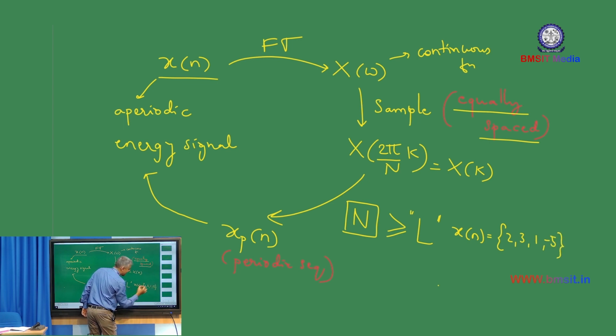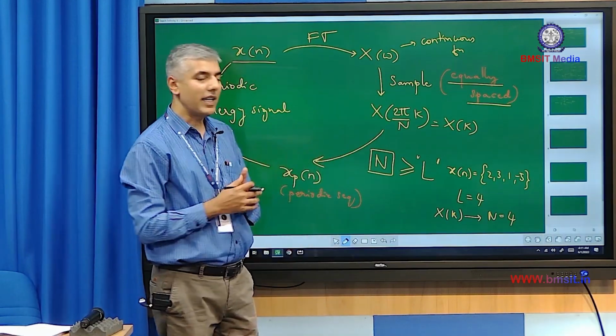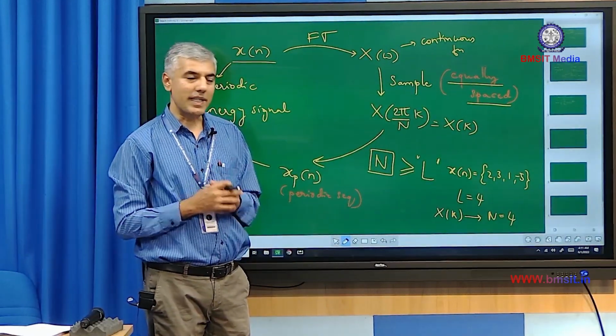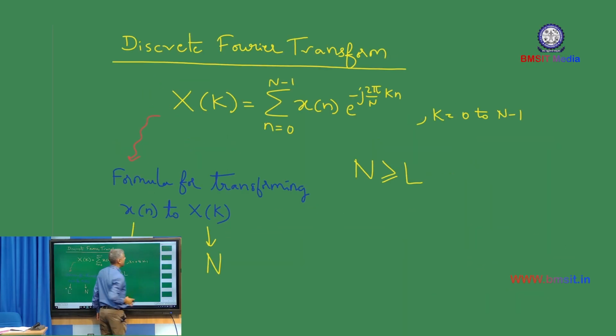Then the length of the signal is 4. Therefore, the frequency domain representation X of k should have at least a length of N equal to 4. If the length is at least 4, then we will be able to exactly recover the time domain signal. This is the interpretation of the representation.